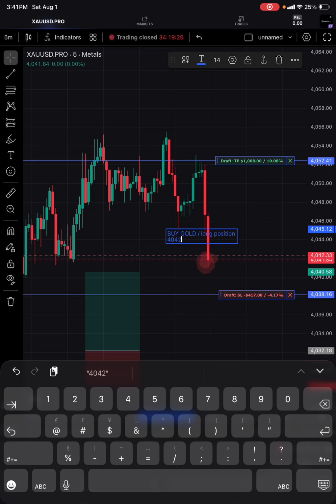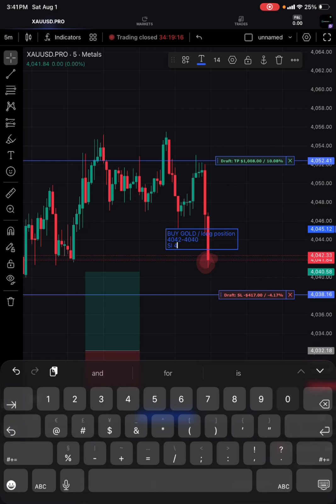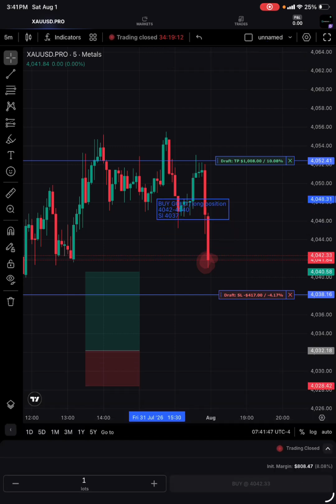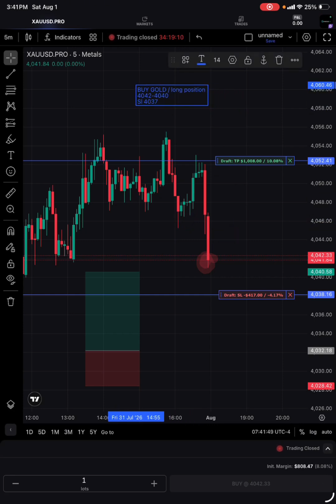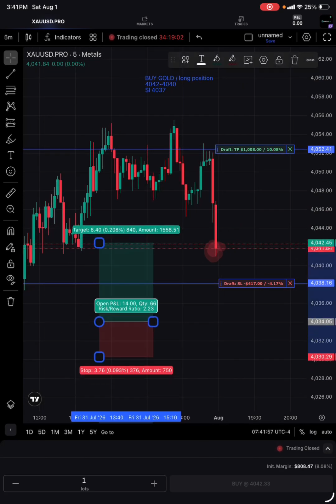So let's say 442 to 440. Then it will say stop loss 437. This is the signal that has been sent out. So now when the market is where it is, or it may be approaching, you can come here.